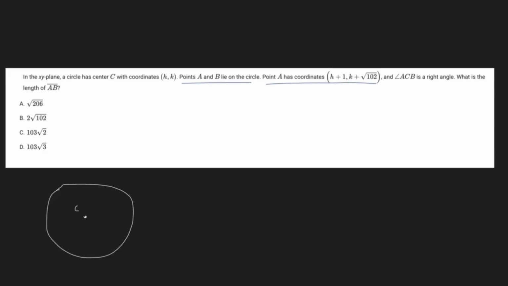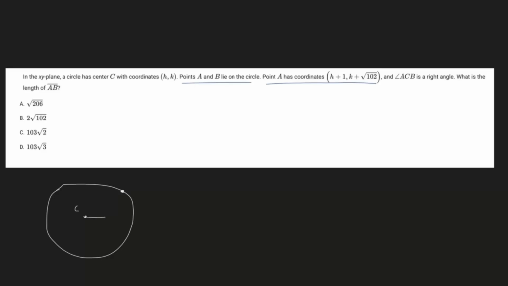But since we know point A is somewhere on the circle, let's label point A like here. We know what this plus 1 represents in relation to (h, k), and we know (h, k) is the center, right? So point A has the coordinates of h plus 1, so h determines the x-axis location.